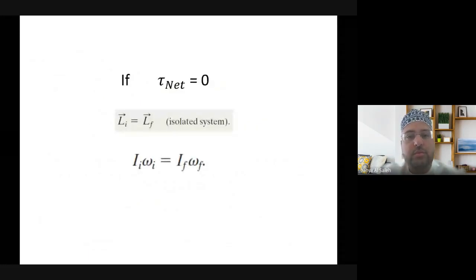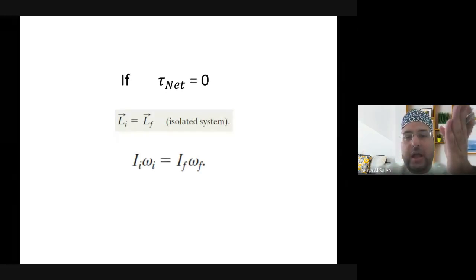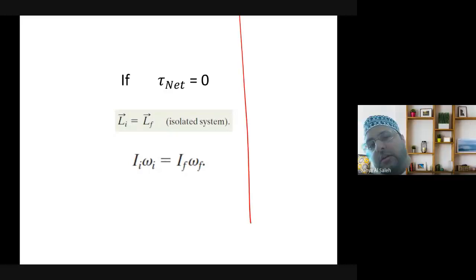So, in summary, if there is no net torque, net torque is 0, L_i equals L_f. I_i omega_i equals I_f omega_f. We can remember it from linear.